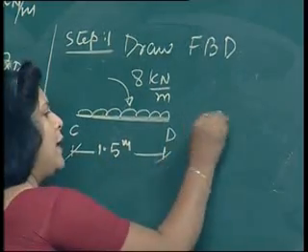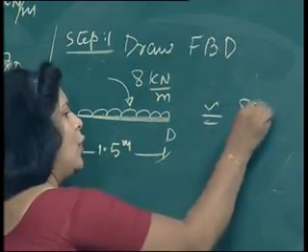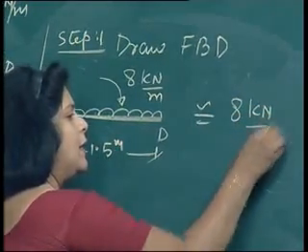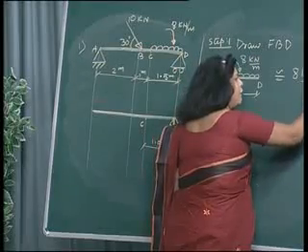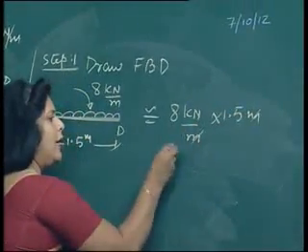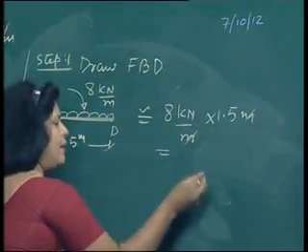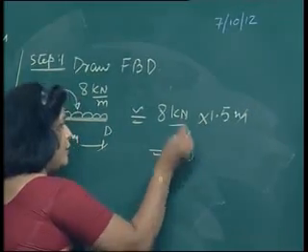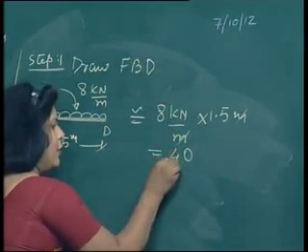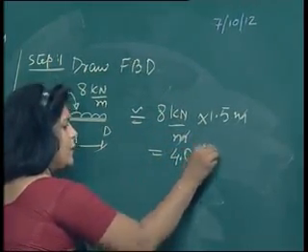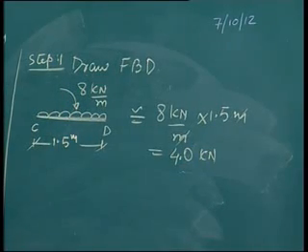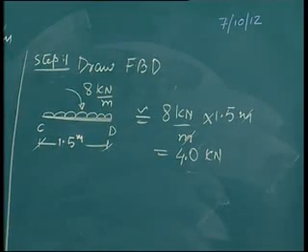So, what will it be? The equivalent will be 8 kilonewton per meter into 1.5 meter. So, meter will cancel out, and 8 times 1.5 is 12 kilonewtons. So, that will be the point load acting on that particular beam.